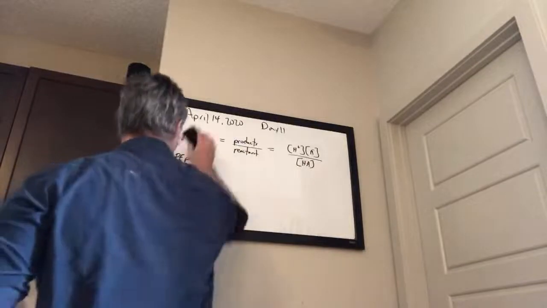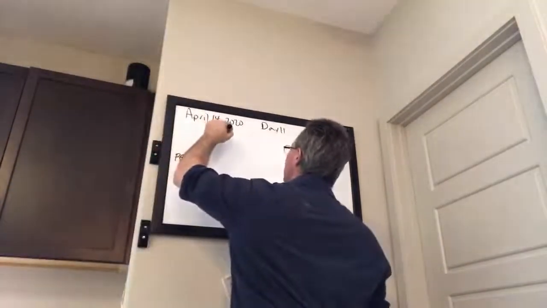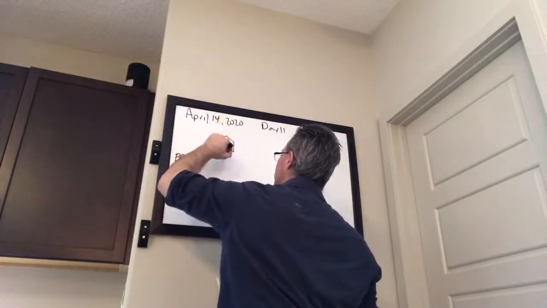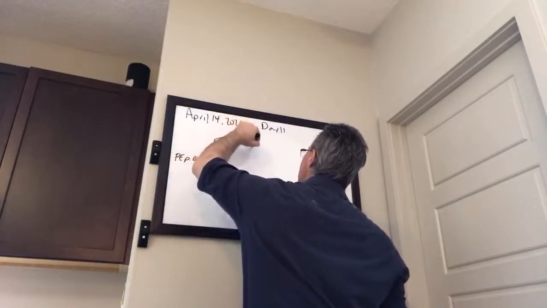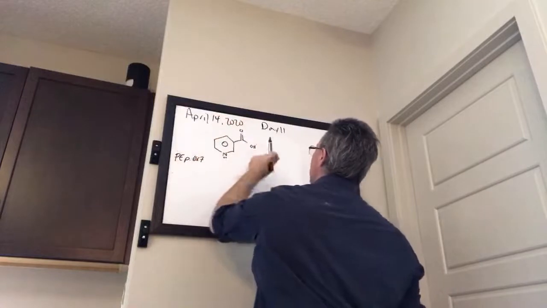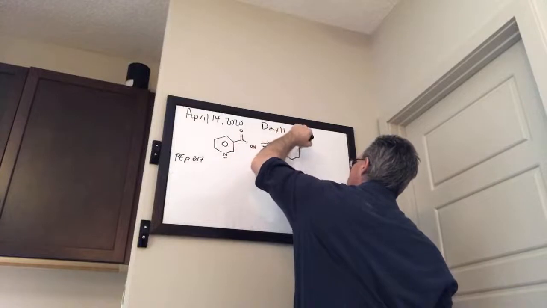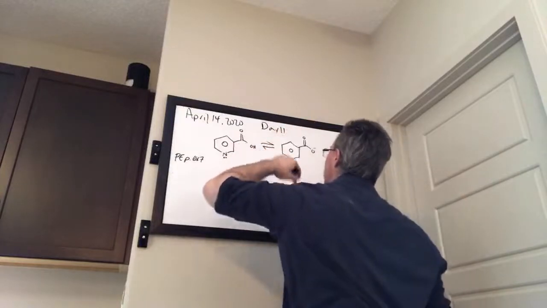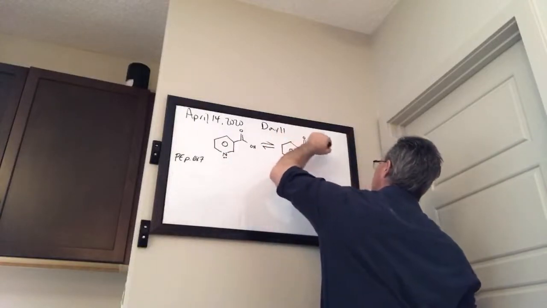So niacin, I'll draw it all out. Niacin looks like this. It's an organic acid. There's the ionizable proton. When it dissociates, you get niacinate and the proton.